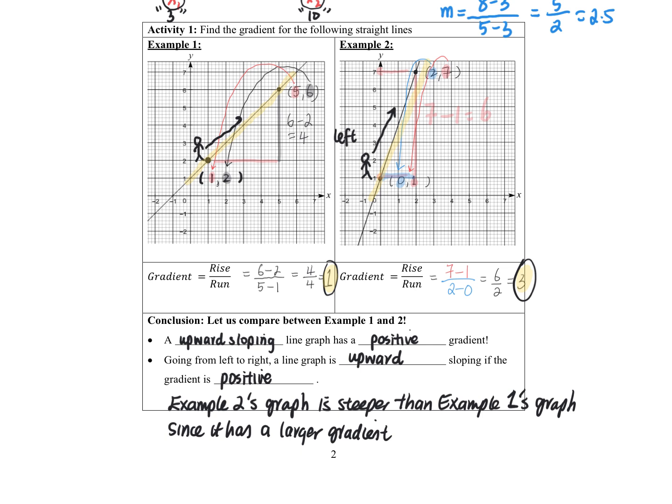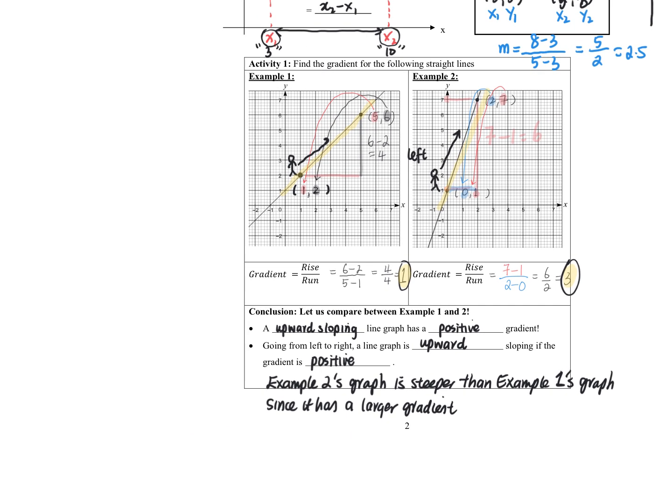As you can imagine, if it goes down, then it will be negative. You will only learn 4 types of gradient, 4 types only. What we are learning right now is like that: you are going up. This is an upward sloping, positive gradient. But if it goes down, then negative gradient.